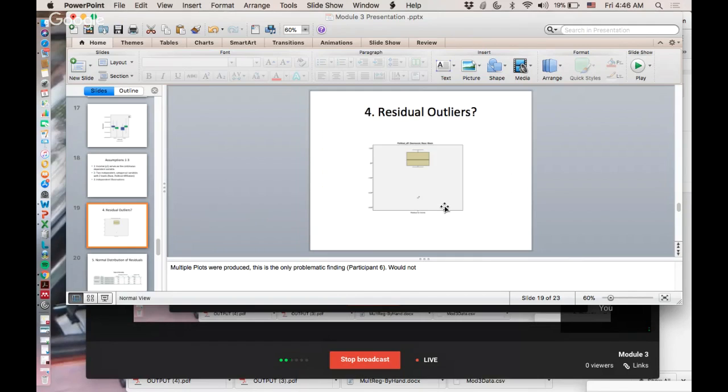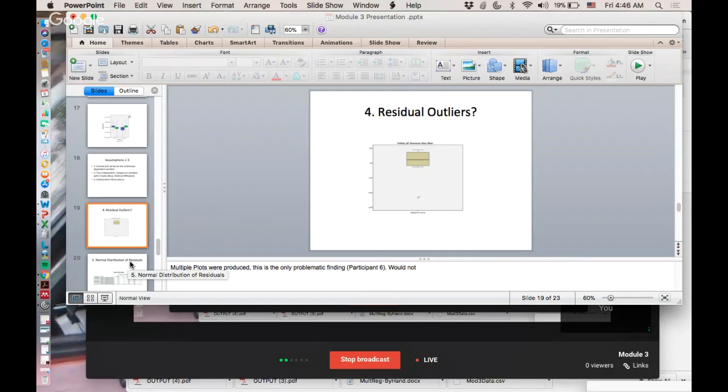It didn't produce the Leverage versus Cook's distance plot, but as you can see here, it does indicate that participant 6 is an outlier, and so that could affect the data as far as violating this assumption.